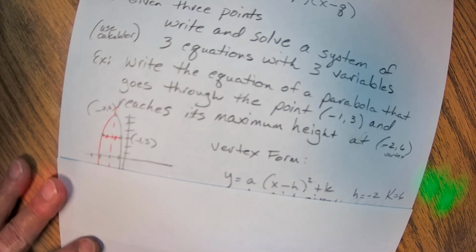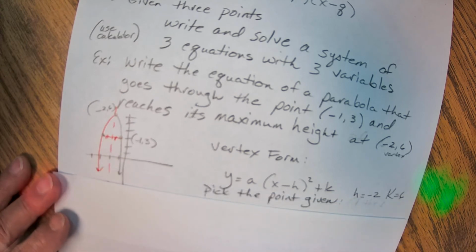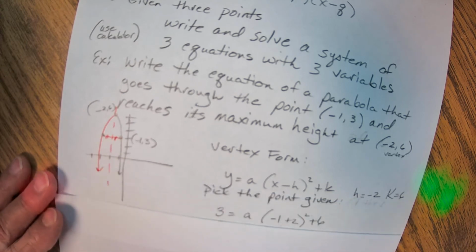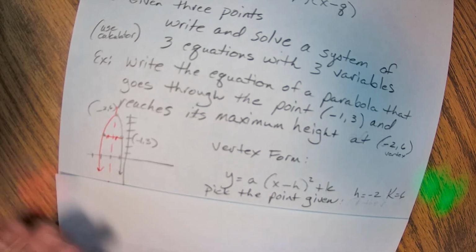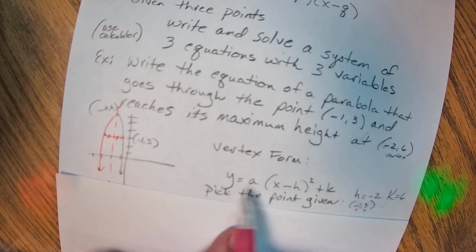To recap, always write down what h and k are. And then you're going to pick the point that's given, and that point was (-1, 3). So there's my x and there's my y. I'm going to plug all of this information into this equation.